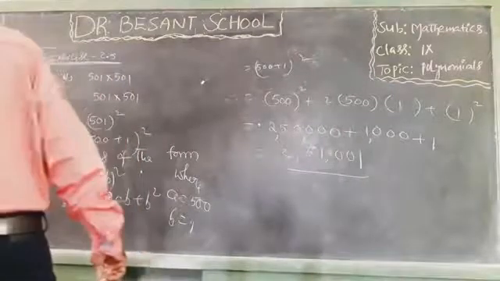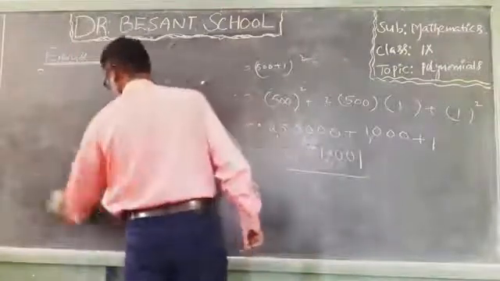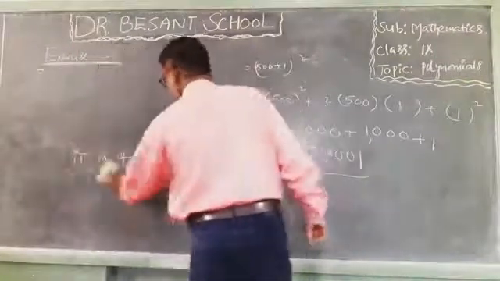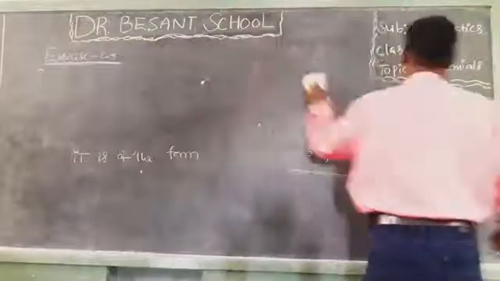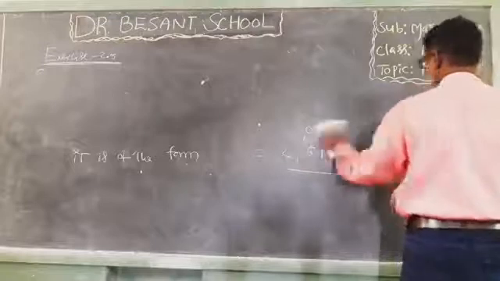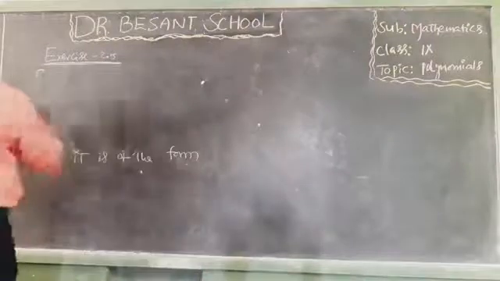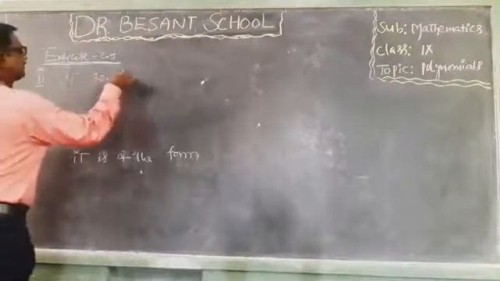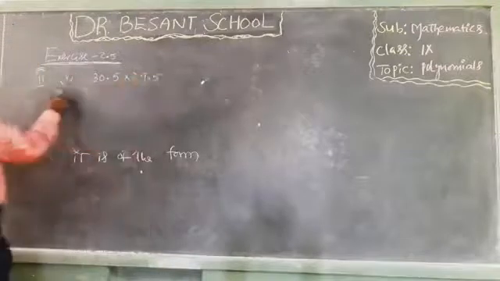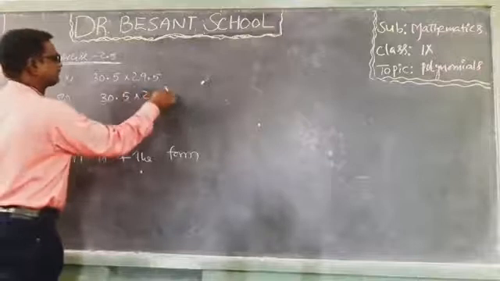Okay, children. One more problem is there in that set. Once verify. Children, you see this one, 30.5 into 29.5 from the second set, fifth one. 30.5 into 29.5.